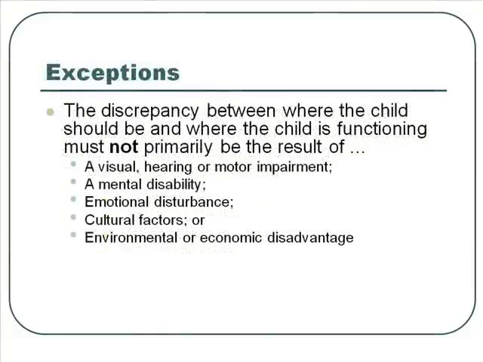The discrepancy between where the child should be and where the child is functioning must not primarily be the result of a visual, hearing, or motor impairment, a mental disability, emotional disturbance, cultural factors, or environmental or economic disadvantage. These 5 areas need to be ruled out as the main cause for the learning deficit in order to qualify for special services.